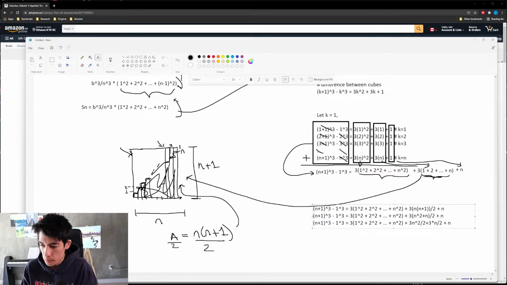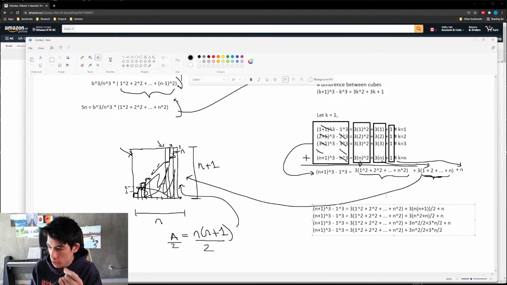And now at this point, we can start rearranging. So if we bring this n over, actually, sorry, I made a calculation error here. Instead of having n equations, let's have n minus 1 equations, and it'll make this calculation a little bit easier.